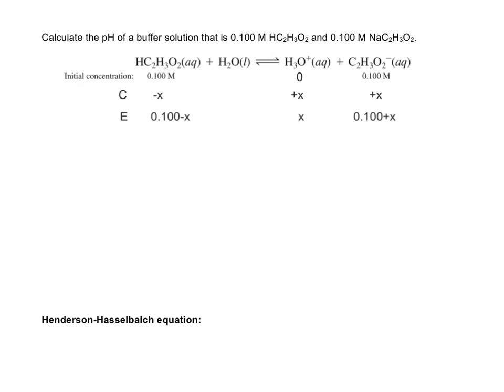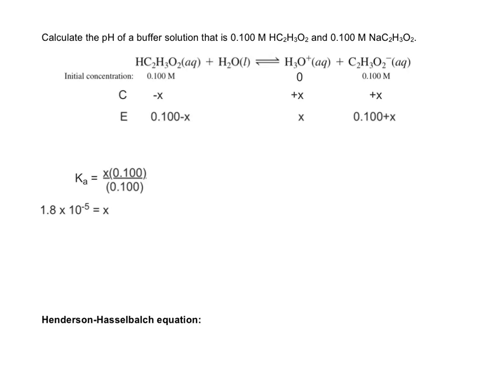So we plug that into our Ka equation. In this case, x is small, so we can ignore it. So we end up with x times 0.100 divided by 0.100, and the 0.1s, sorry, just cancel out. So x is equal to essentially the Ka for this reaction, which is 1.8 times 10 to the minus fifth.